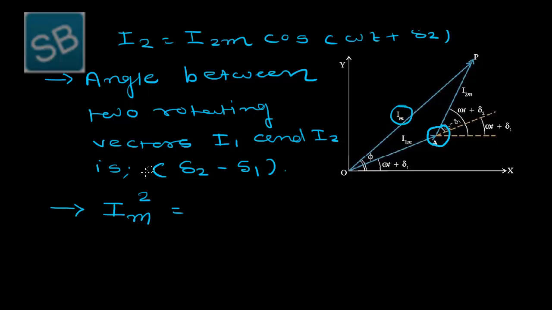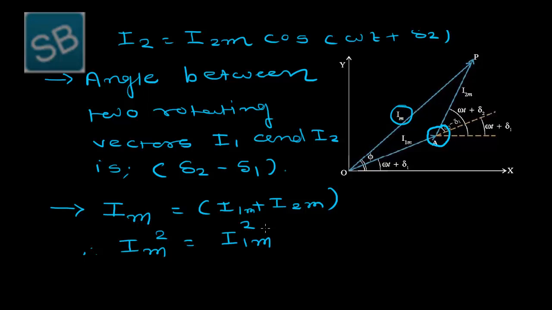So let's first write it with the simple value: Im is equal to I1m plus I2m. Applying the square on both sides, we get Im square is equal to I1m square plus I2m square.